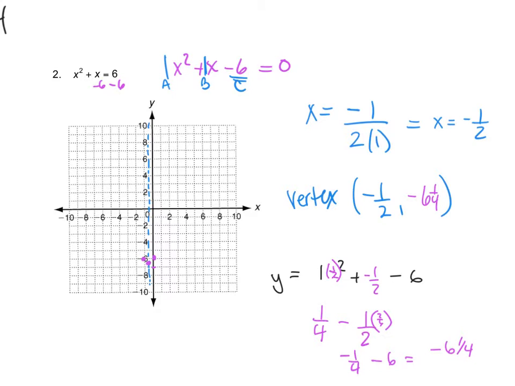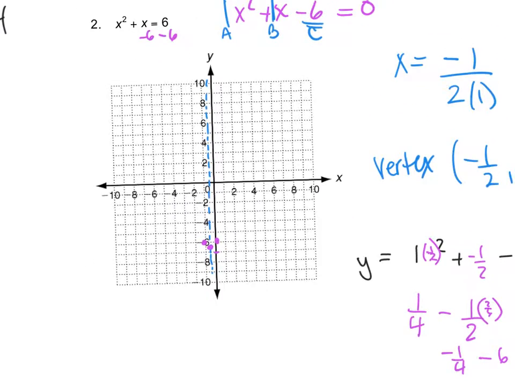That's not going to help me with discovering where I cross the x-axis. So what you're going to have to do, if you recall what it means to be asked to find the zeros, is find the value of x when y is 0.